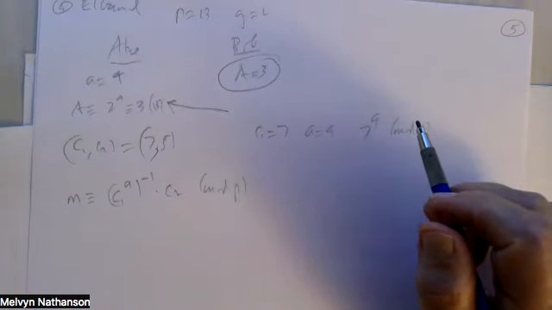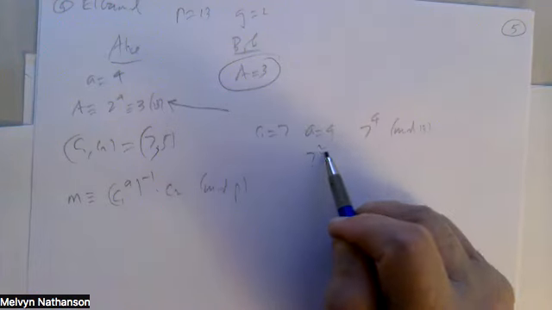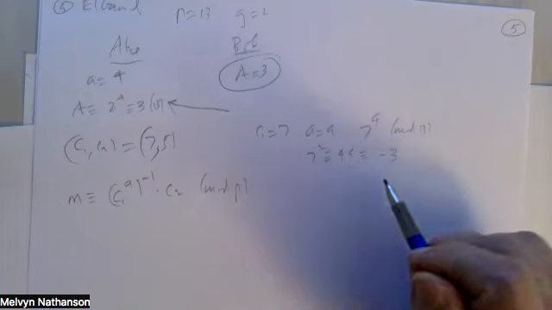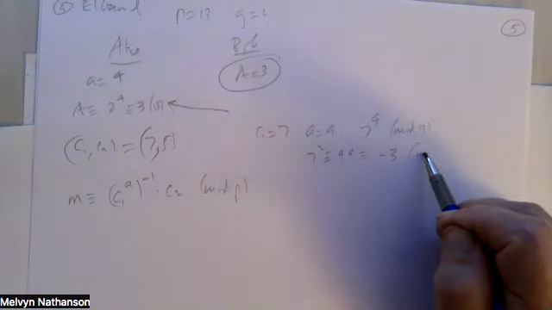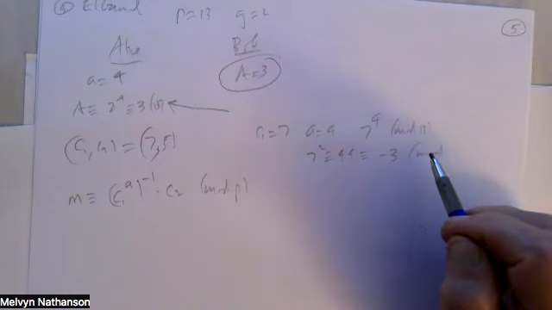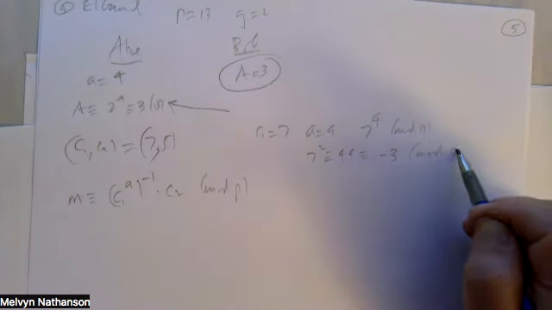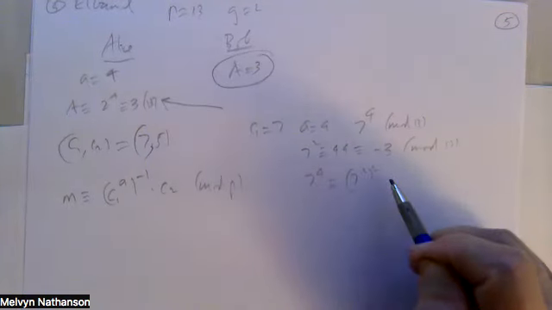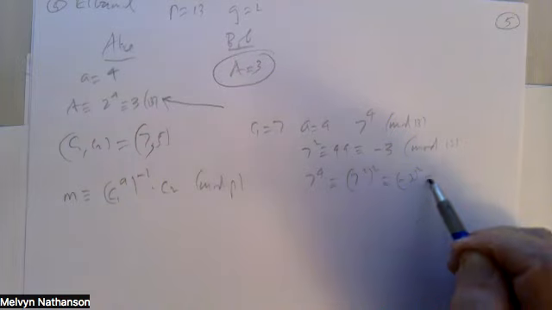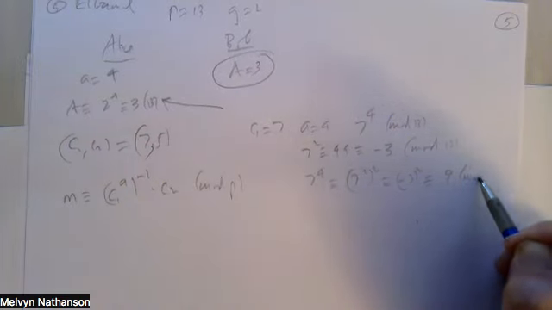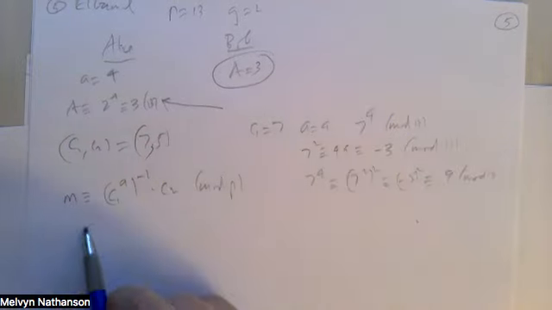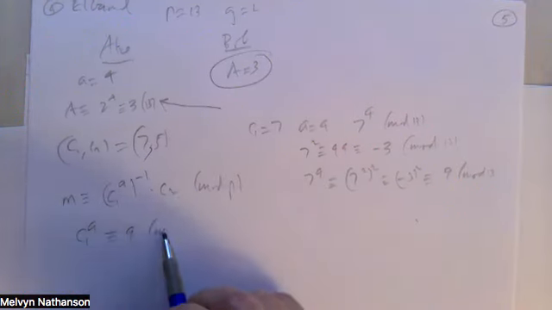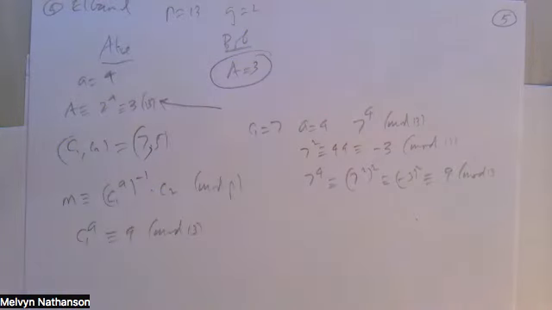So what is 7 to the 4th mod 13? 7 squared is 49, which mod 13 is minus 3, since 52 is 4 times 13. So 7 to the 4th is 7 squared squared, is minus 3 squared, is 9 mod 13. So C1 to the A is congruent to 9 mod 13.